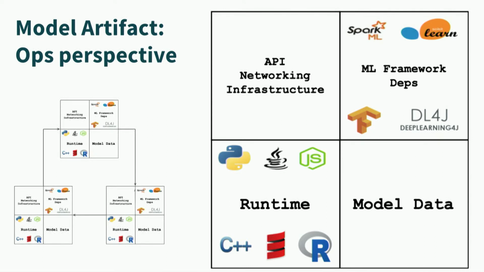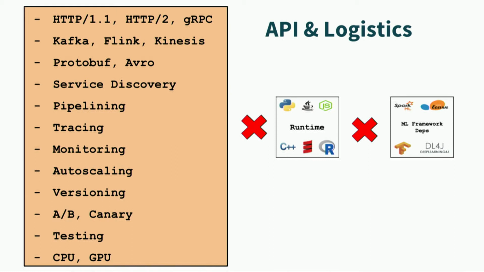I would like to highlight the importance of API and logistics. You see a limited set of requirements for this component, which is extremely important and required when you push your model to production. It has HTTP and gRPC support.